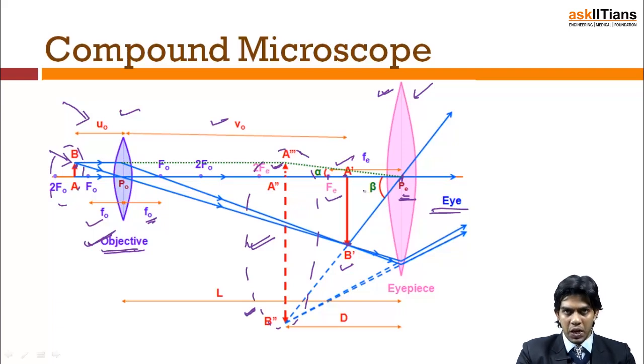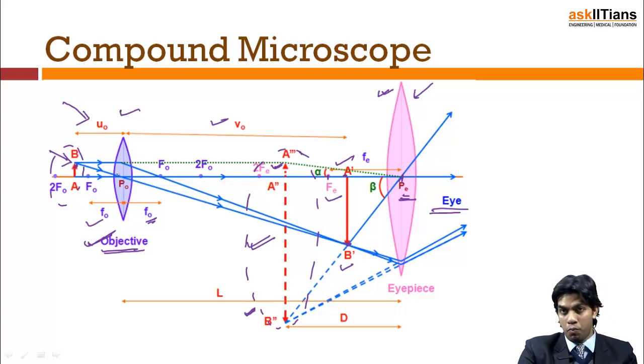In a nutshell, before moving to the discussion of the parameters, let me summarize the compound microscope as a whole. First I'll get an inverted image for an object placed between the center of curvature and the focus. The enlarged inverted image I get will act as the source for the eyepiece.